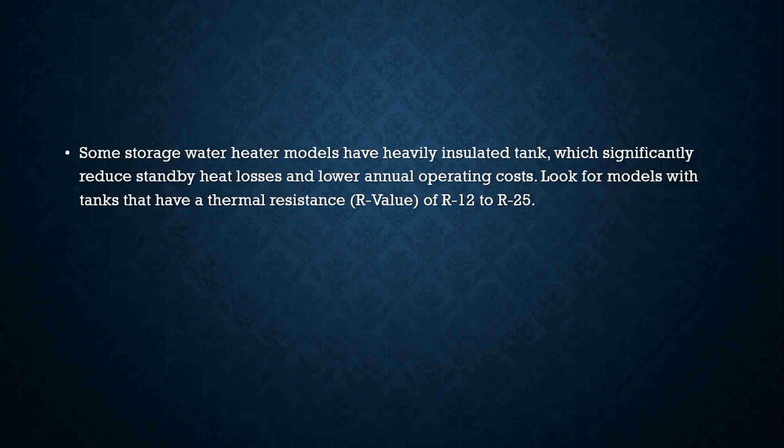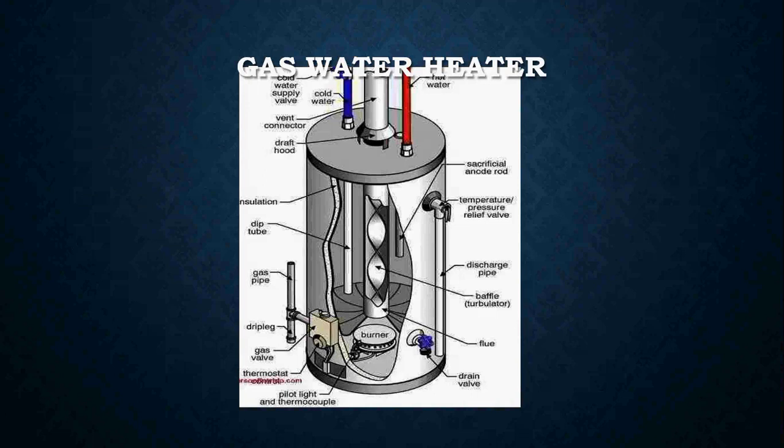Look at the jacket rating on the water heaters. The higher the R value, the more insulation is wrapped around that water heater. The more insulation, the less ability that water heater has to lose any heat that has been generated. Just a little tech tip for a lot of people.